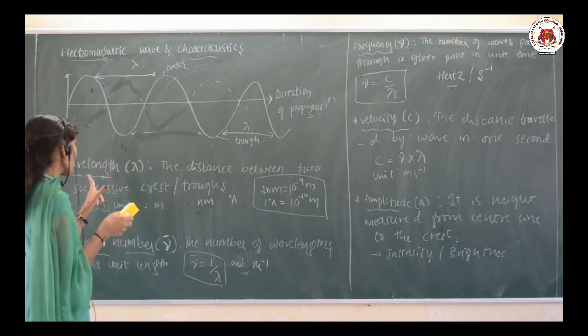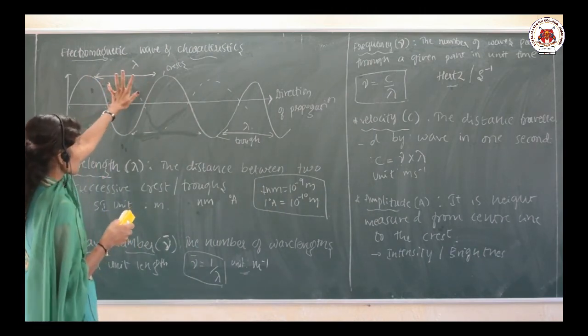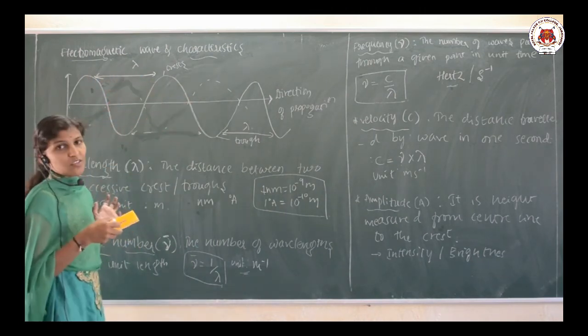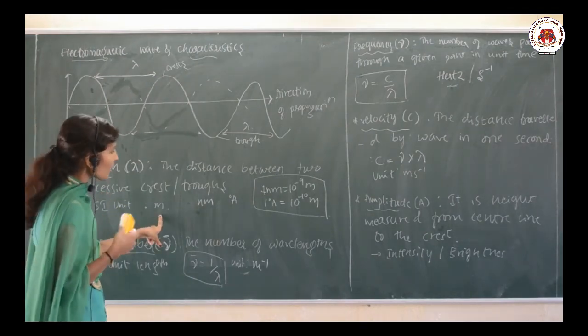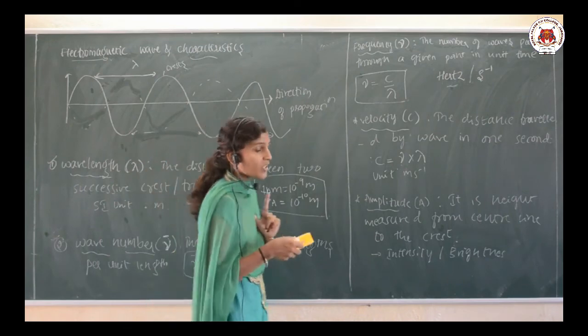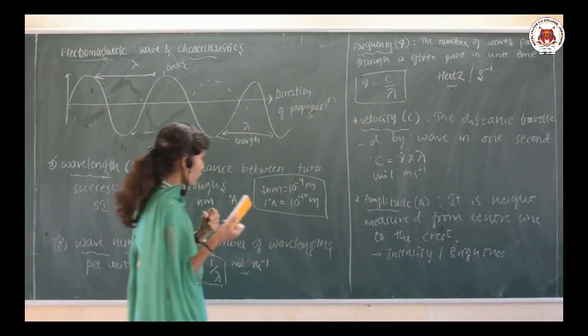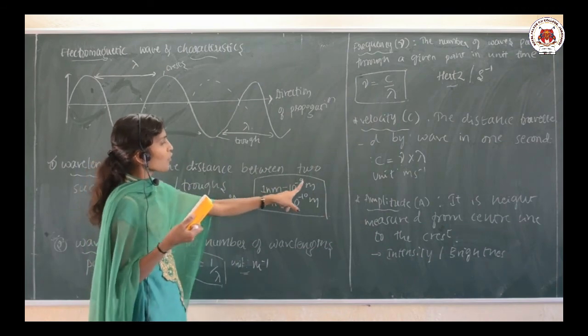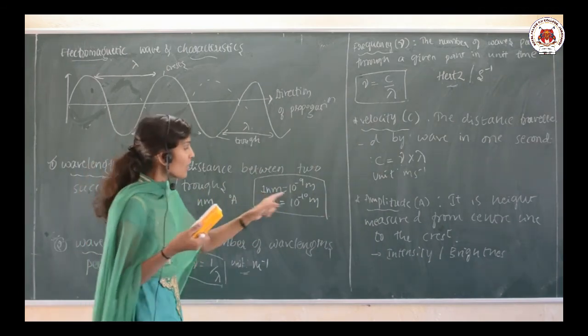First one is wavelength. Wavelength is nothing but the distance between successive crests or troughs, and its SI unit is meter. It can also be expressed in nanometer or angstrom, and 1 nanometer is equal to 10 to the power minus 9 meter, 1 angstrom is equal to 10 to the power minus 10 meter.